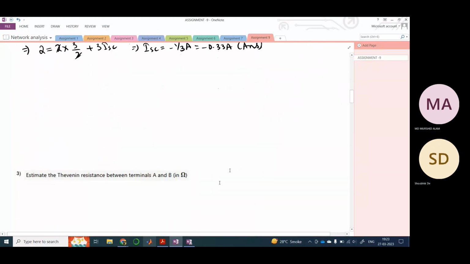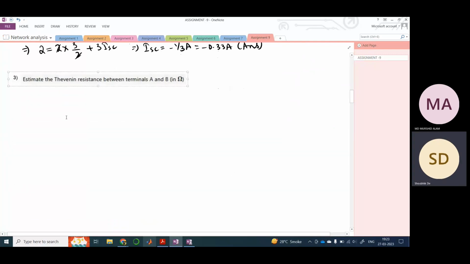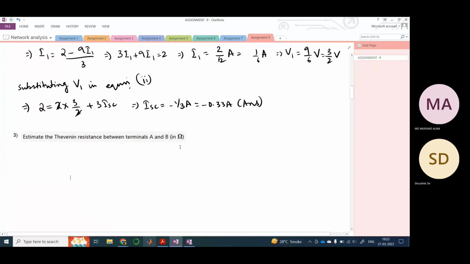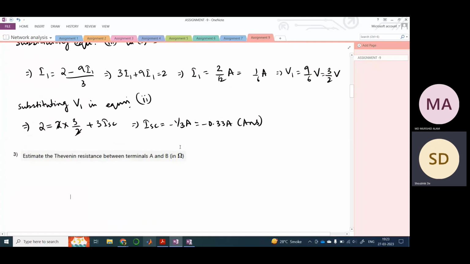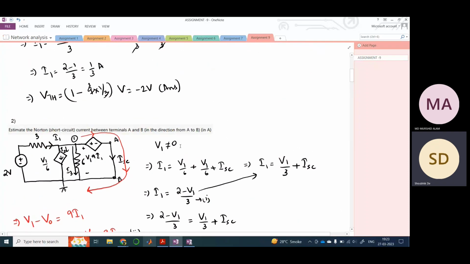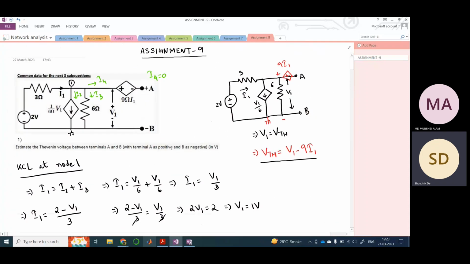Okay, so now the last question of this problem. They have asked us what is the Thevenin resistance between terminals A and B. A similar problem we saw in last week's assignment also.